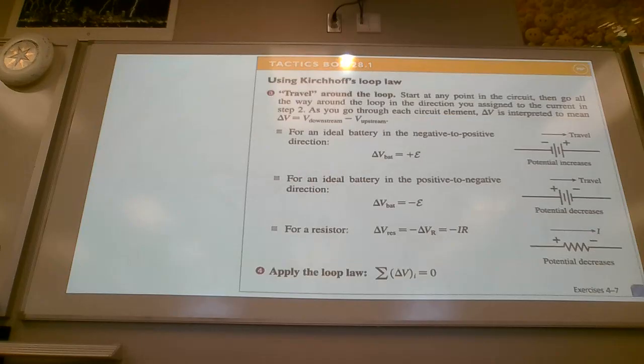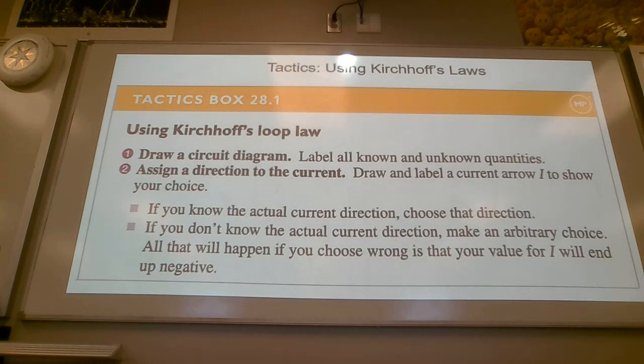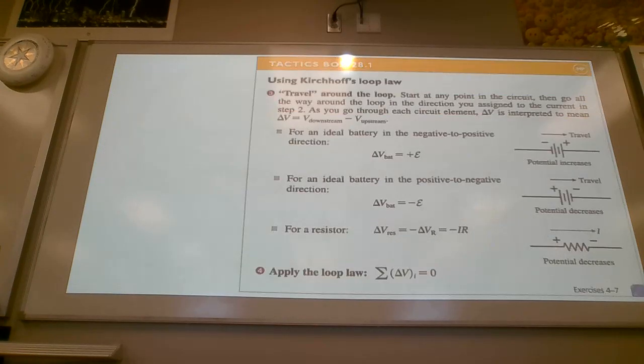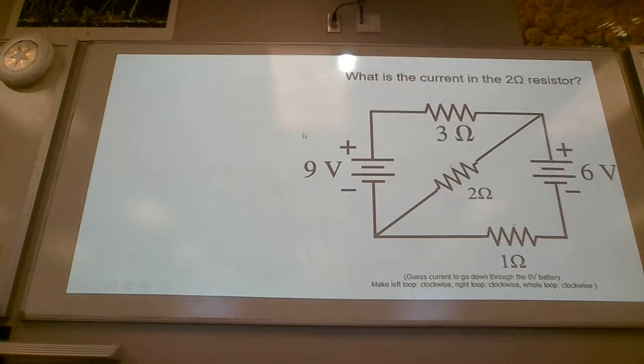Okay? And then you can do the junction rule for that one. And then for the loop rule, I'll just teach you. So if you're going in the direction of, I'm just going to teach you. Okay.